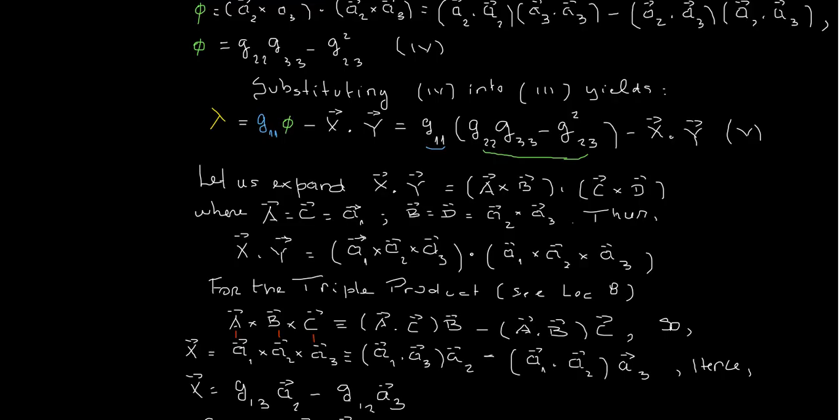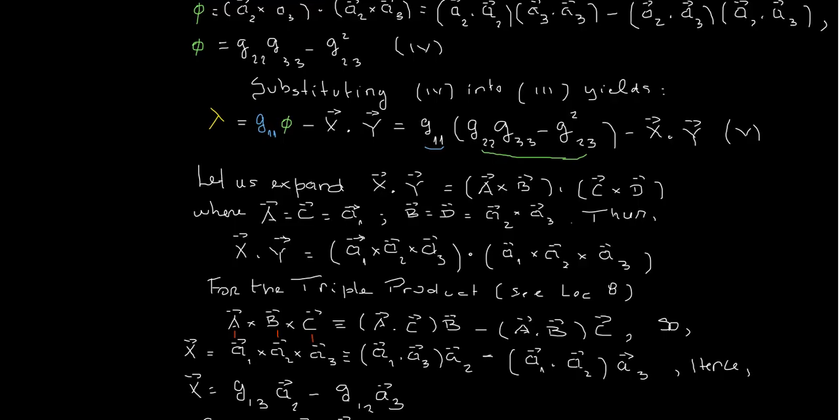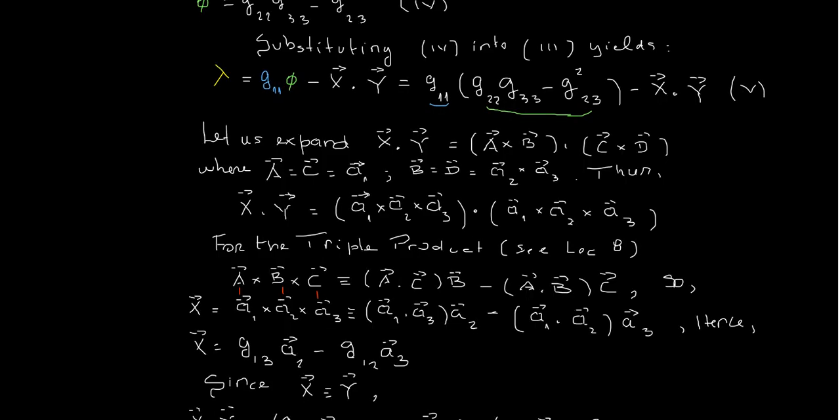Now, from the triple product, see lecture 8, I derived this identity. Till now we were using lecture 9, but now the triple product appeared, so I'm going to use lecture 8.